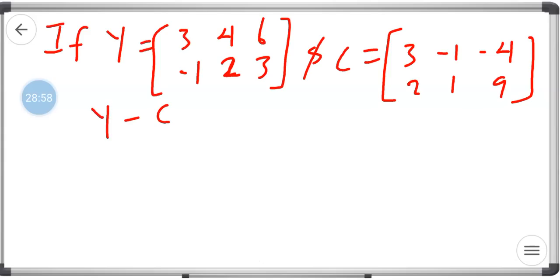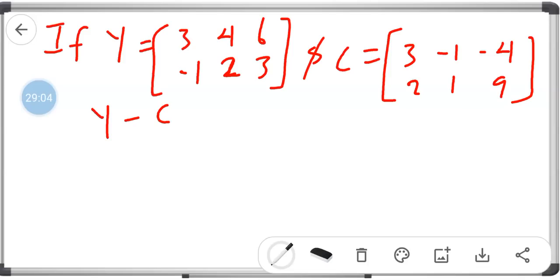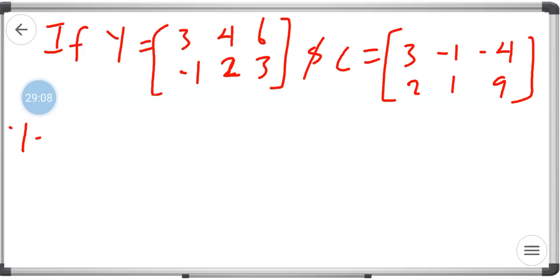So y minus c equals, let's just place them aside now. The first one is my y, the second one is my c. Let me pick them one after the other.